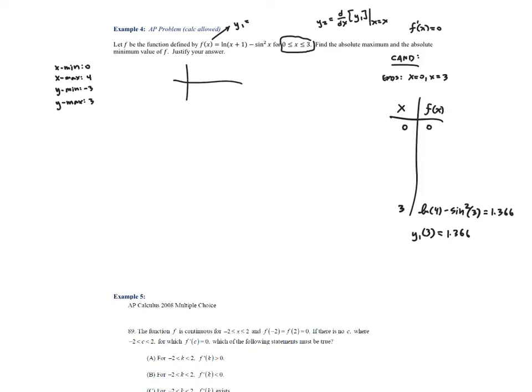Let me draw y prime in a different color. Maybe I should put my labels on here. Here's 1, here's 2, here's 3, and it goes out to 4. I don't need to put 4 on there. So here's x equals 1, x equals 2, x equals 3.